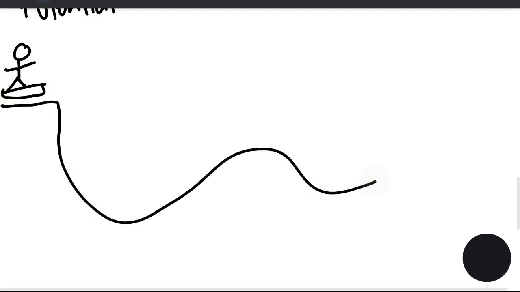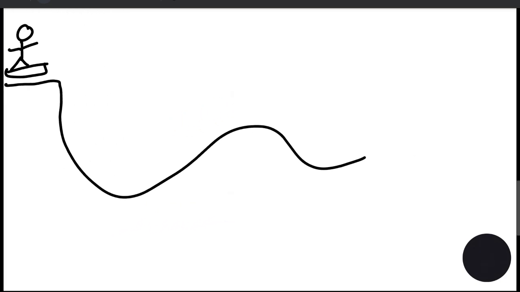Okay, another example is somebody skateboarding. Then they like to ask, which is the possible point of the kid having the highest potential?